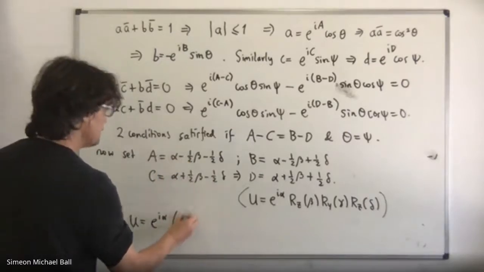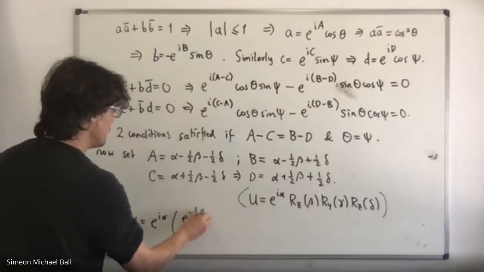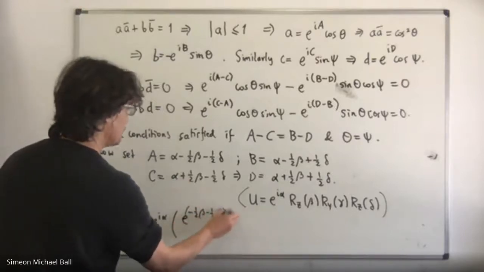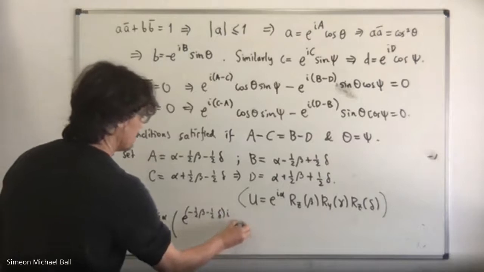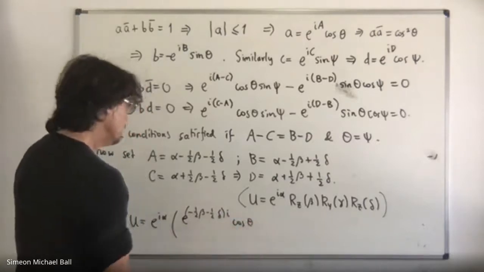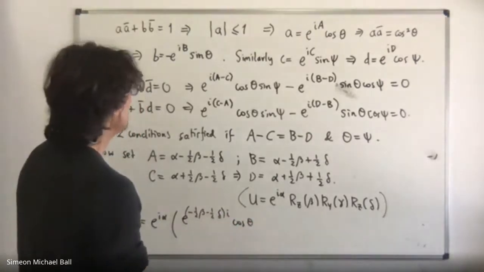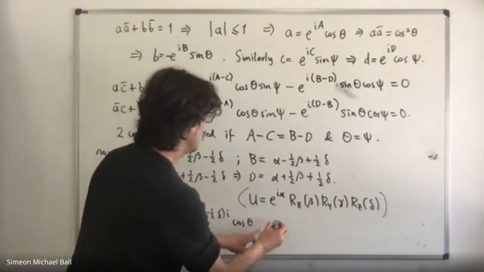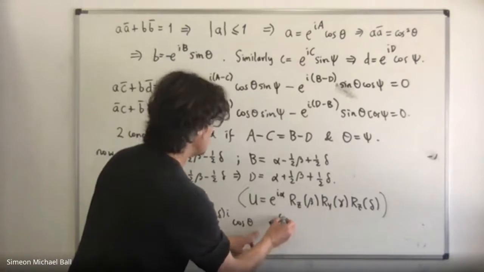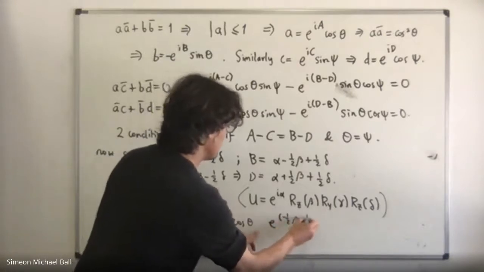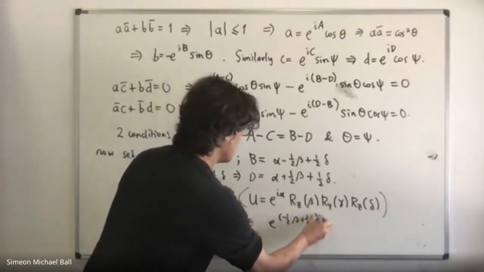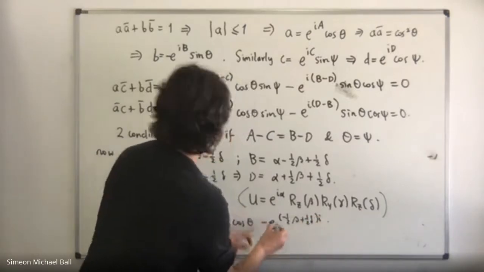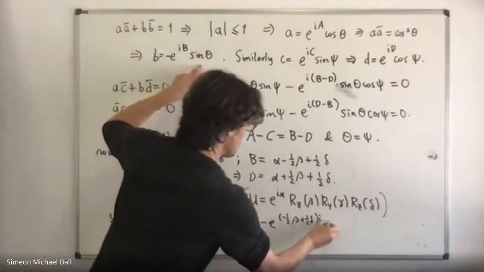Here we have e to the minus half beta minus half delta, I cosine thing, the b, AB, minus half. There's a minus here. Sine.